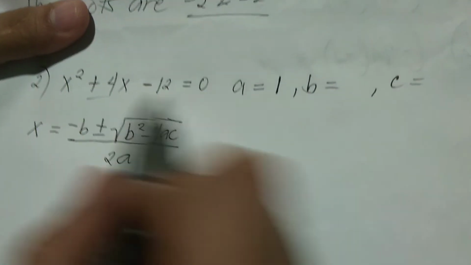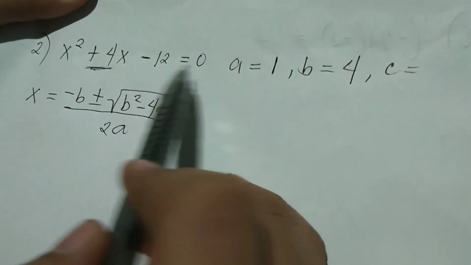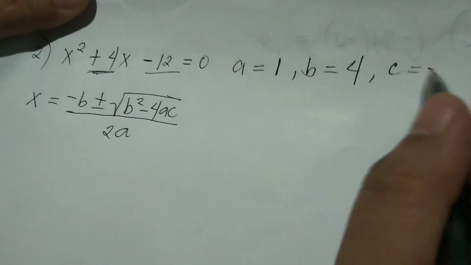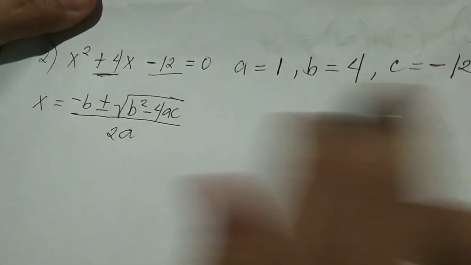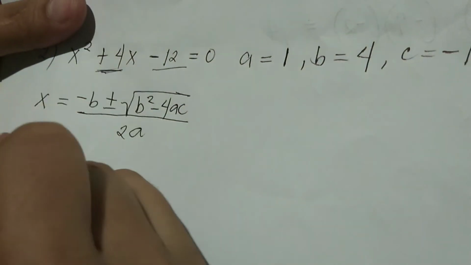The value of b is positive 4. And the value of c is negative 12. And then, you substitute to the quadratic formula.